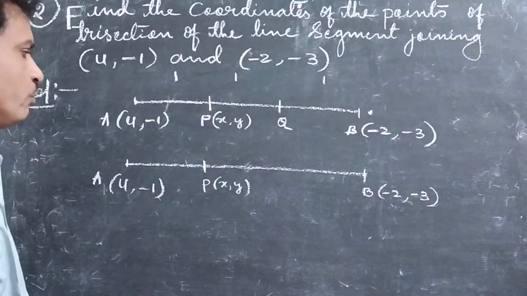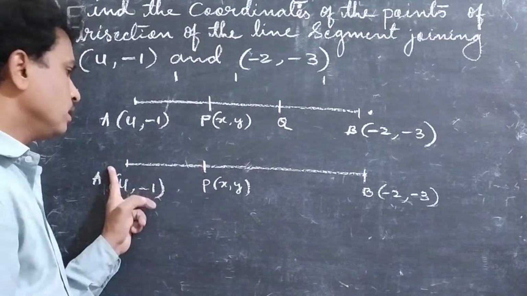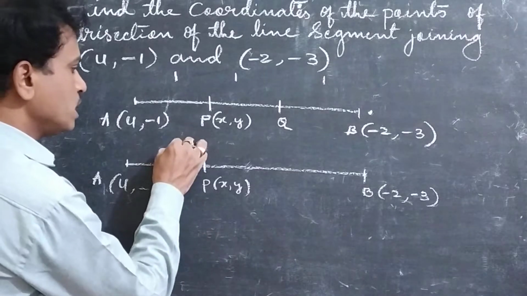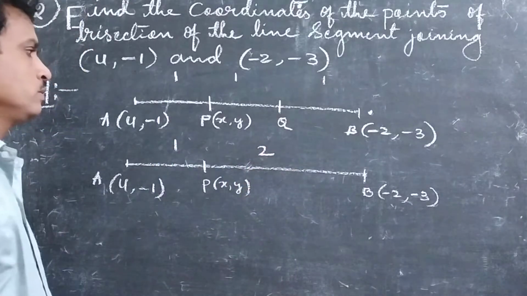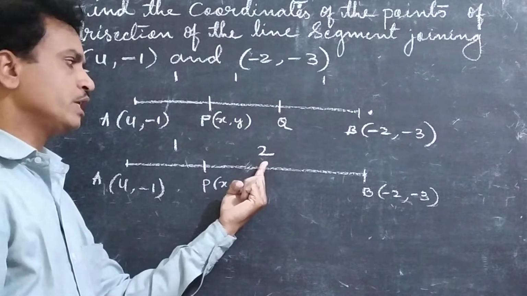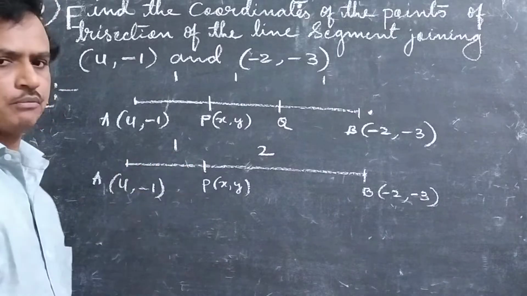That means point P divides the line segment in the ratio 1:2, because here 2 parts are there, so we take 2, and here only 1 part, so we write 1.